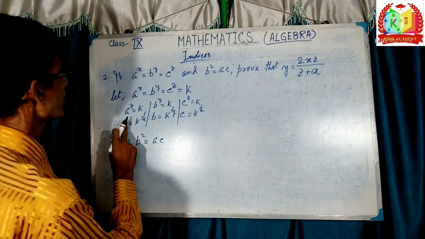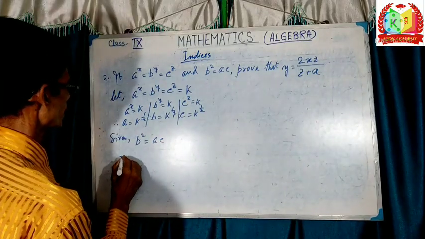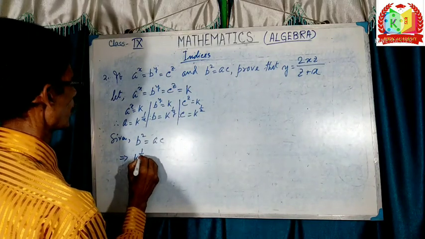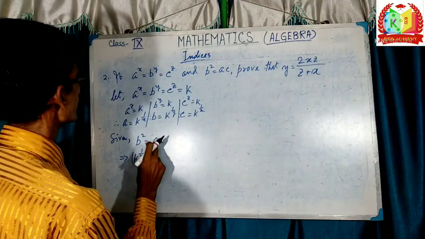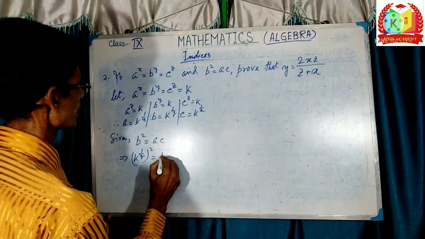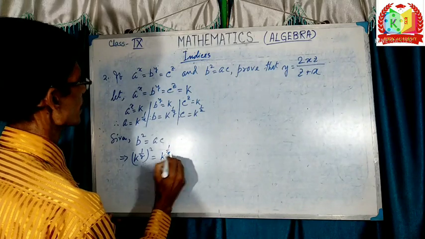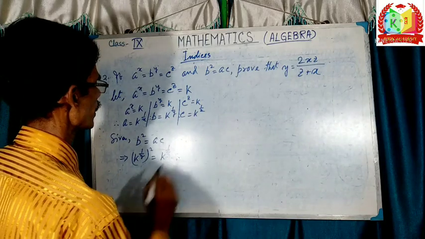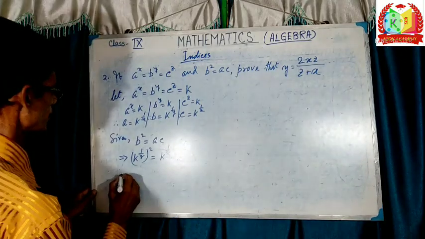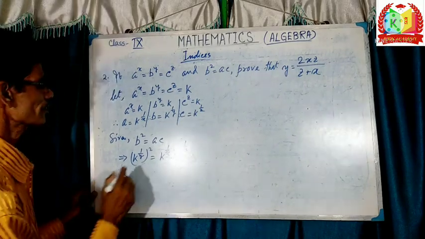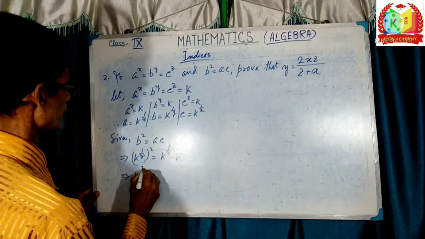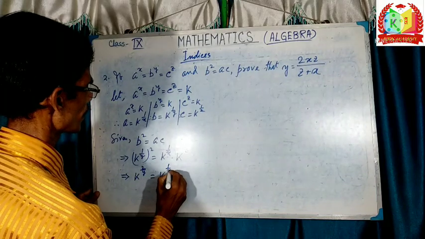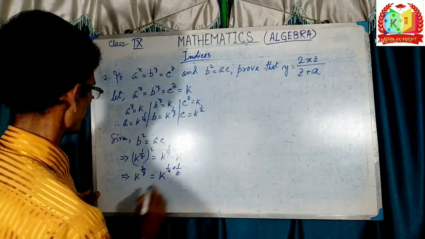Now I put the values of a, b and c. b is k to the power 1 by y whole square, equal to the value of a, k to the power 1 by x, into the value of c, k to the power 1 by z, equal to k to the power 2 by y equal to k to the power 1 by x plus 1 by z.